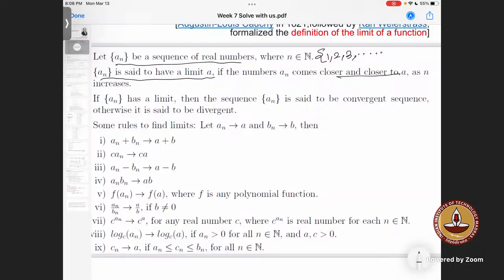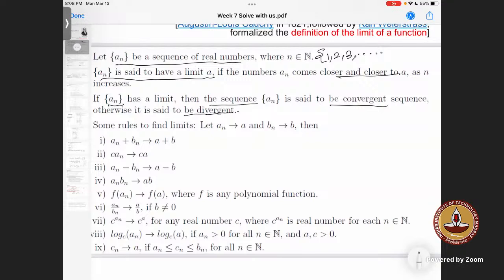Very good. When n tends to infinity, if an tends to A, we say that an has limit A. If an has some limit, then we say the sequence is convergent. If it is not convergent to a particular number, then we say it is divergent.